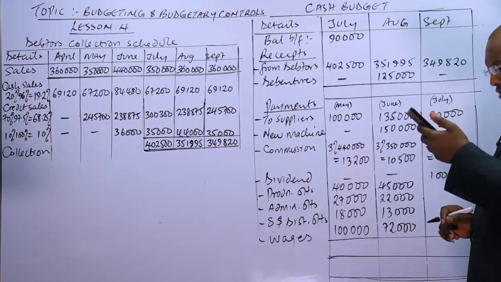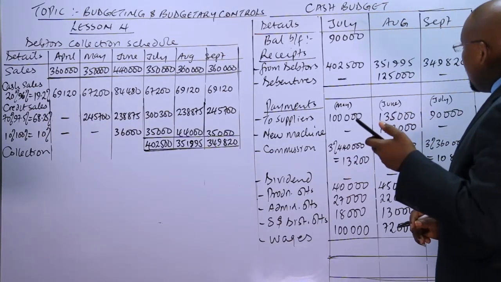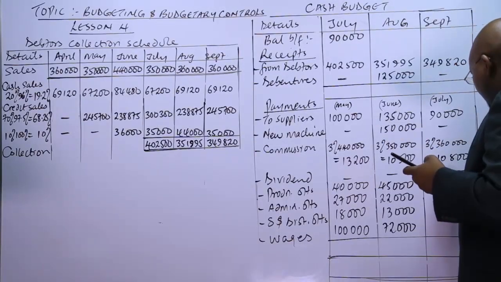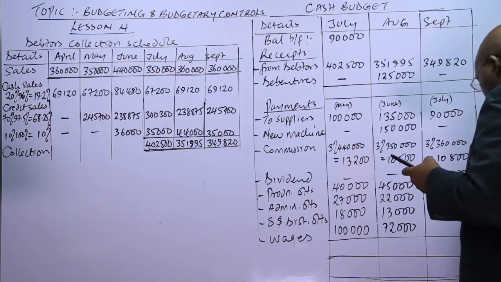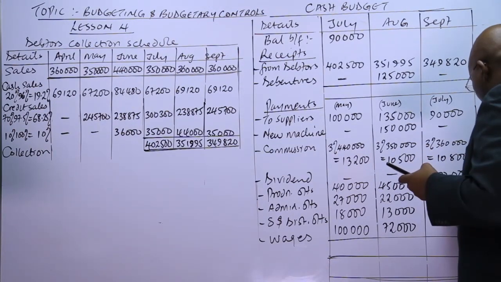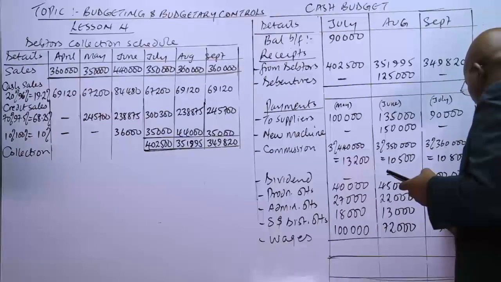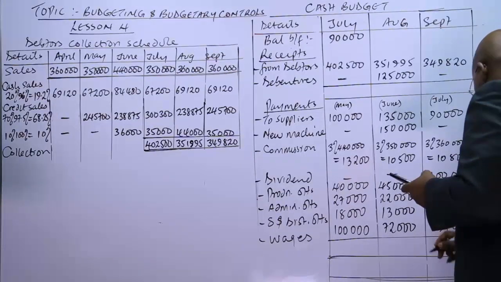Then we go to the month of August. August we pay in September. This is that 6,000, 25,000, 11,000, and 54,000 for the wages.